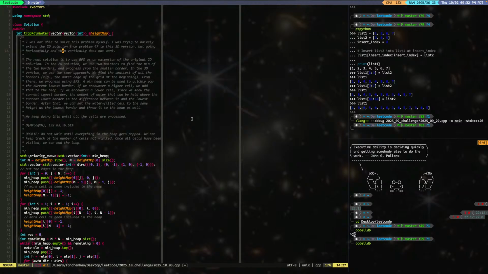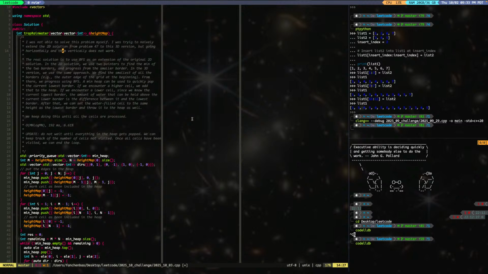If we encounter a lower cell, since we know the current lowest border, the amount of water that can be held above the lower cell is the difference between it and the lowest border. After that, we can set the water-filled cell to the same height as the lowest and throw it to the heap as well. So we are constantly adding new ones in.